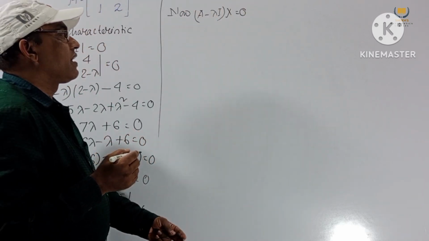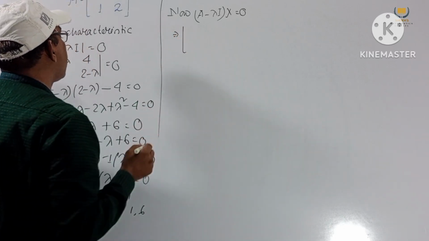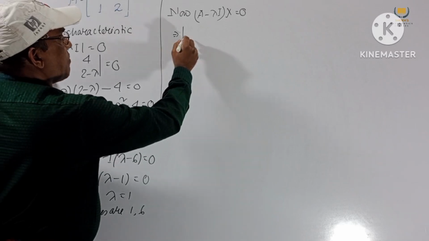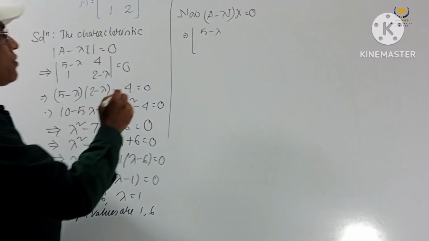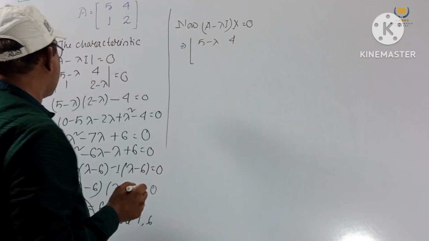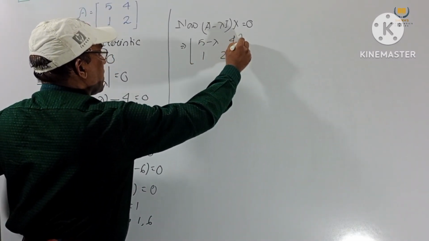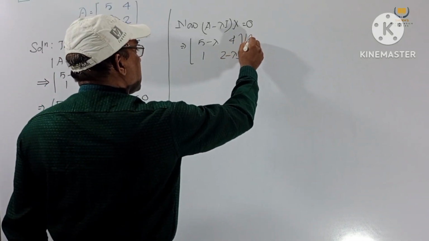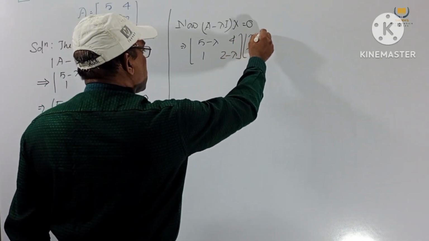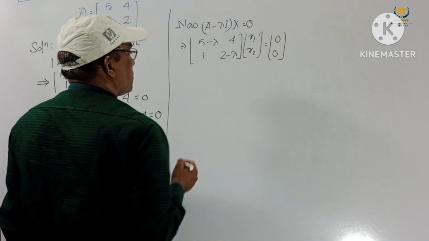A minus lambda I means 5 minus lambda, 4, 1, 2 minus lambda, and x means x1, x2, and 0 means 0, 0.